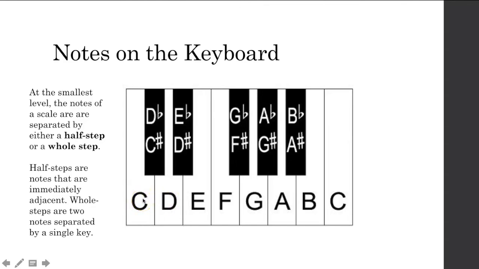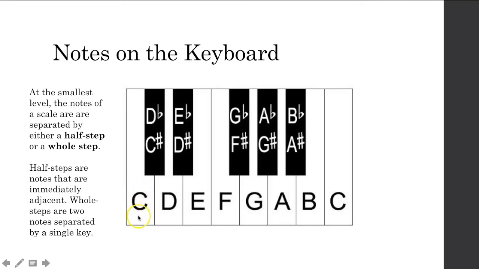So in a lot of ways you can hear that a whole step sounds kind of stable. It's the more common interval in a scale, whereas the half step, or a minor second, can be a little bit more dramatic. Da, da, da.